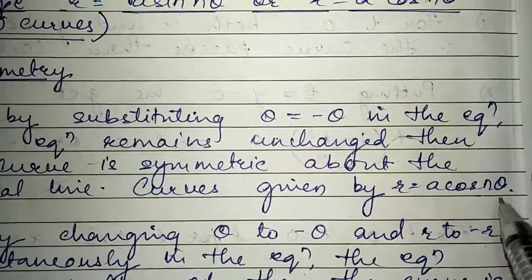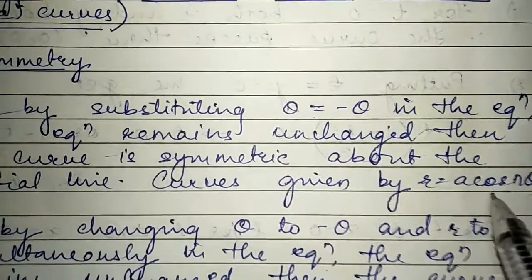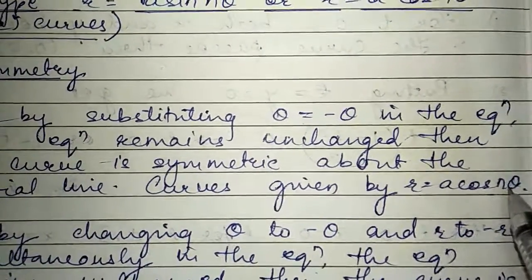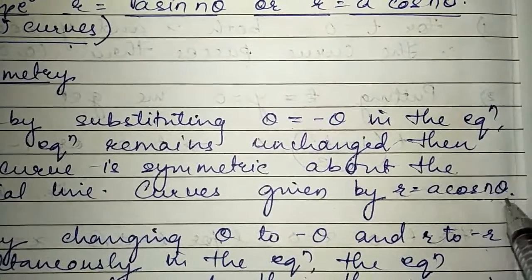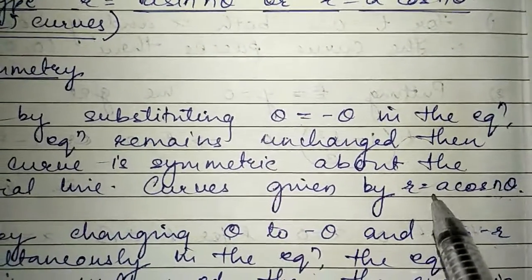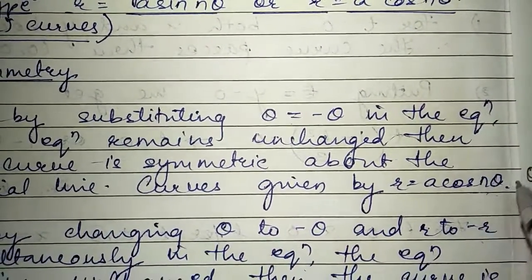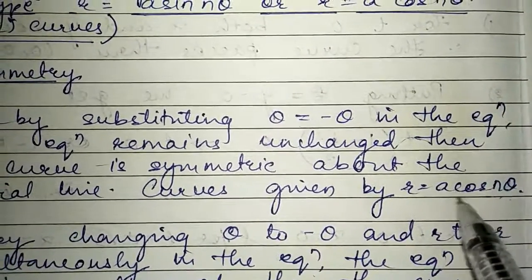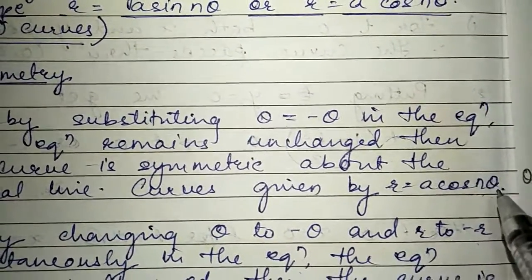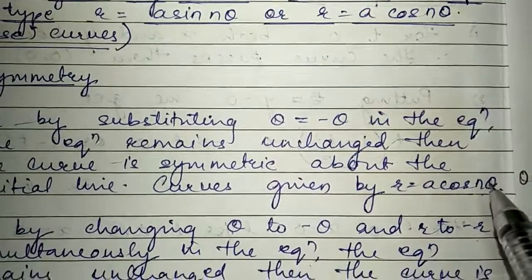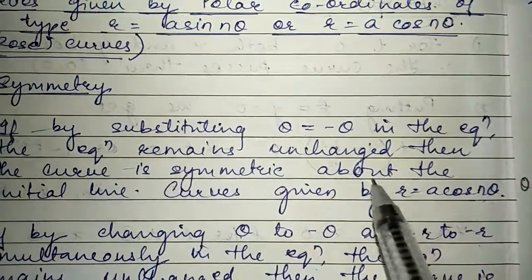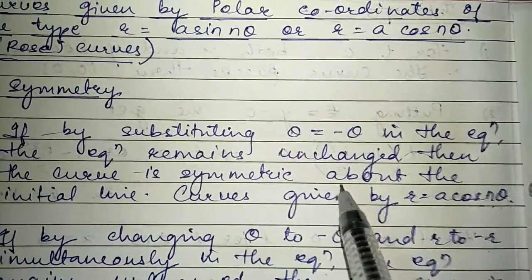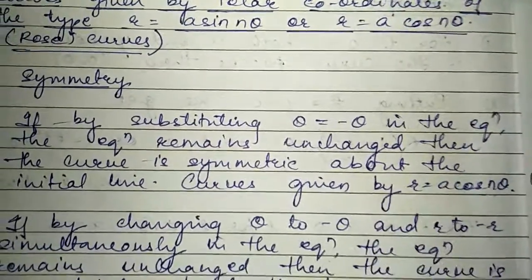We know cos of minus theta is cos theta. So if we substitute minus theta for theta in this equation, we will have r is equal to a cos of n of minus theta, and it is equal to a cos of n theta. That is, the equation remains unchanged. So we can say that the given curve is symmetric about the initial line.